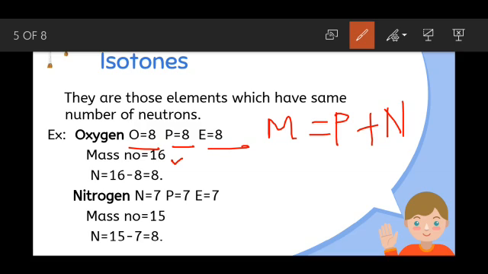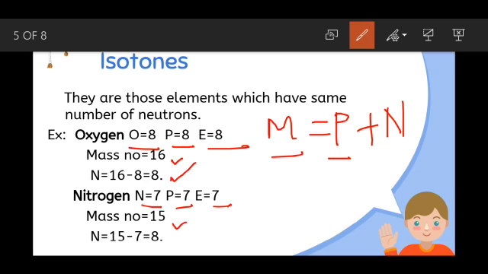Atomic number means the number of protons. When you know the protons and the mass number, you can easily calculate the number of neutrons by subtracting. 16 minus 8 is 8, so the number of neutrons in oxygen is 8. Let's take nitrogen. Its atomic number is 7, so protons and electrons are both 7.